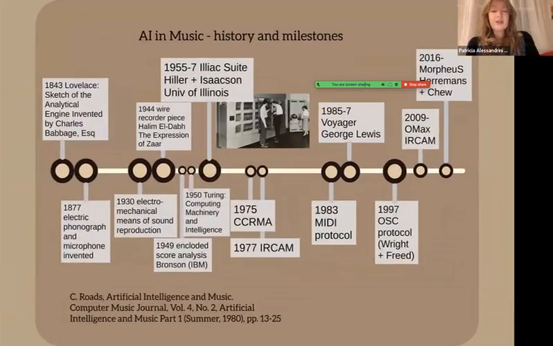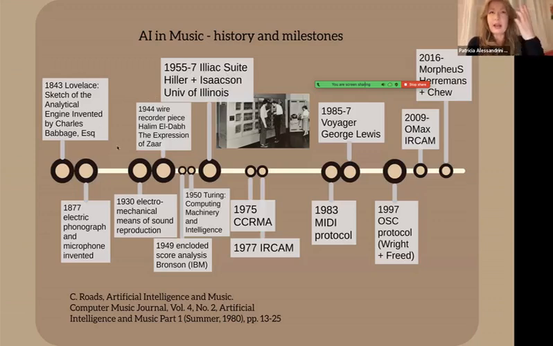So I wanted to show you this timeline. This is something that I use sometimes in my teaching. Just to see that this is 100 years before some of the most important experiments in AI composition, let's say, which is the Illiac Suite.